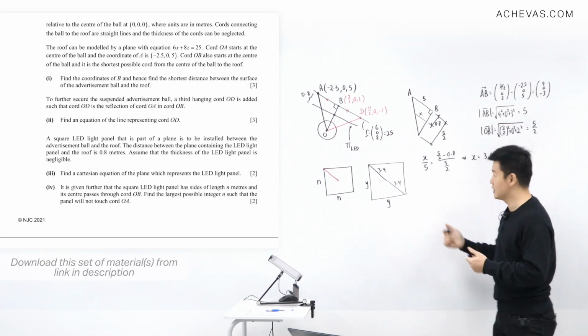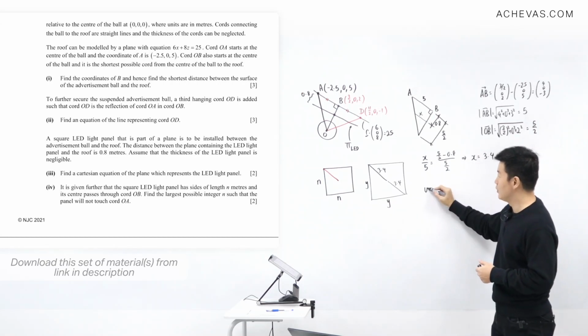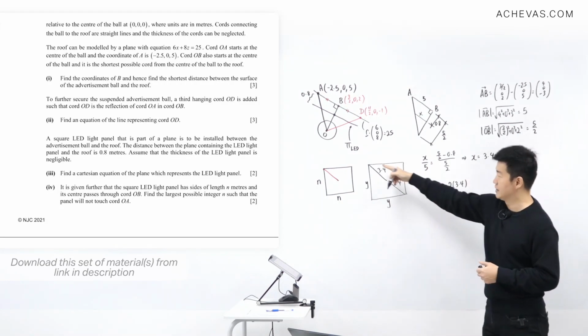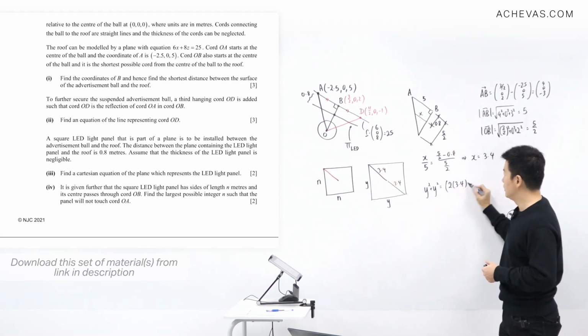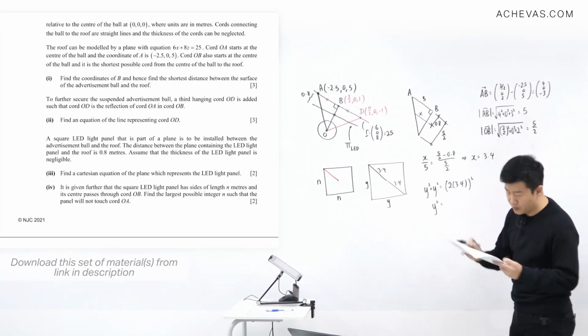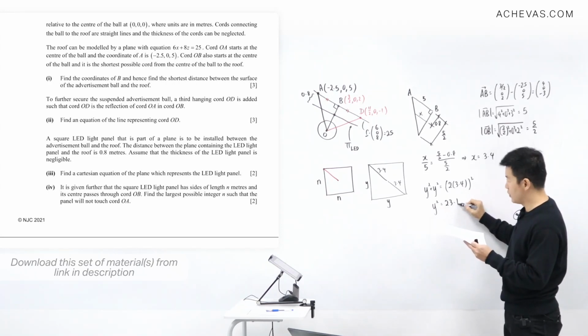Of course we can, just by using the Pythagoras theorem. We know y squared plus y squared is equal to (2 times 3.4) squared, which is the full length of the diagonal of the square. So y squared is equal to 23.12.